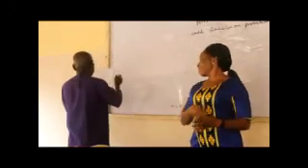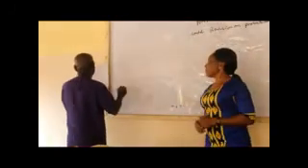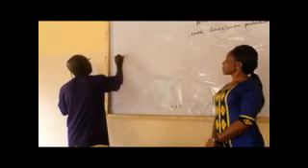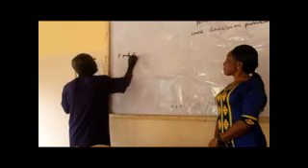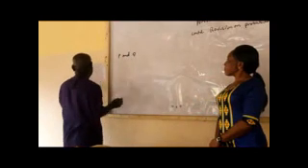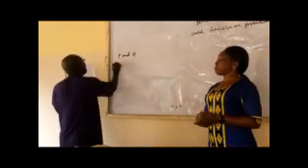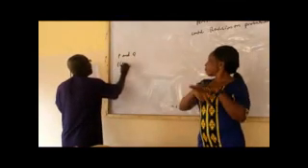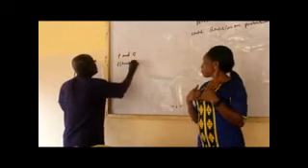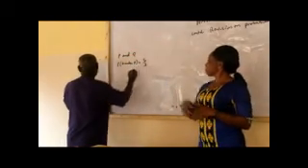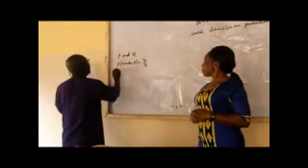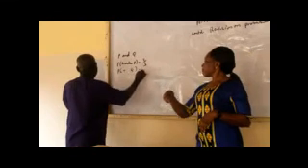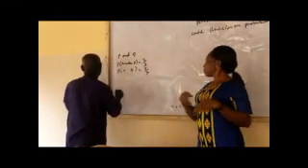This question says the probability that two hunters, P and Q, hit their target are as follows: the probability that hunter P hits the target is 2/3, and hunter Q hitting the target is 3/4, respectively.